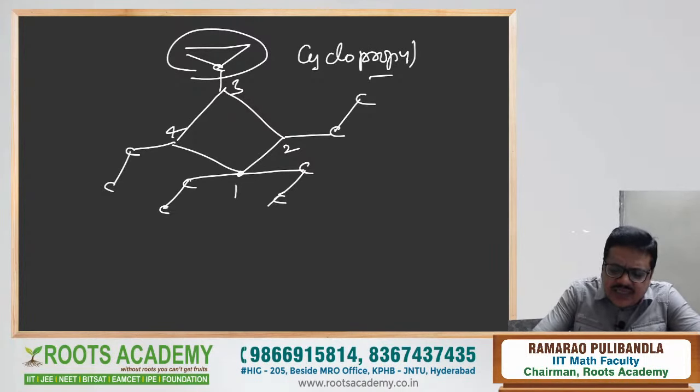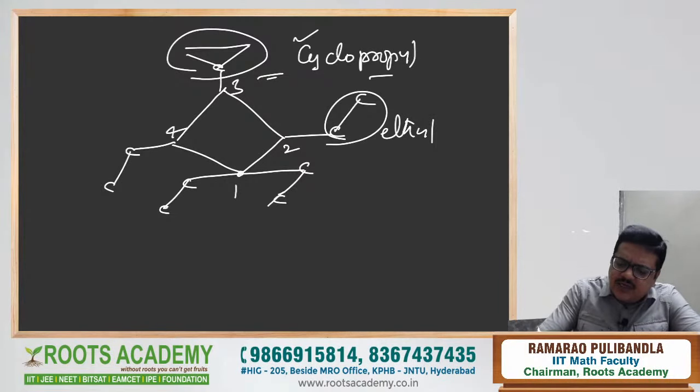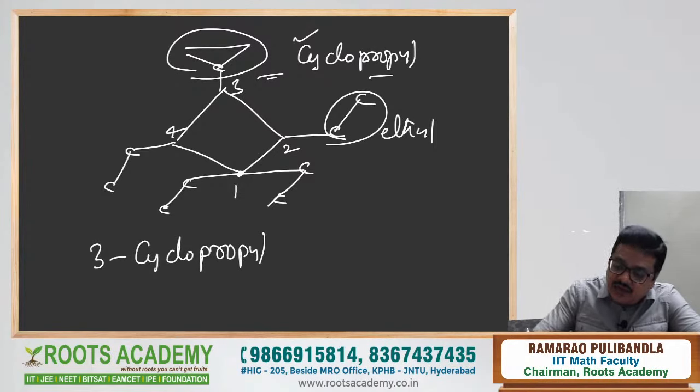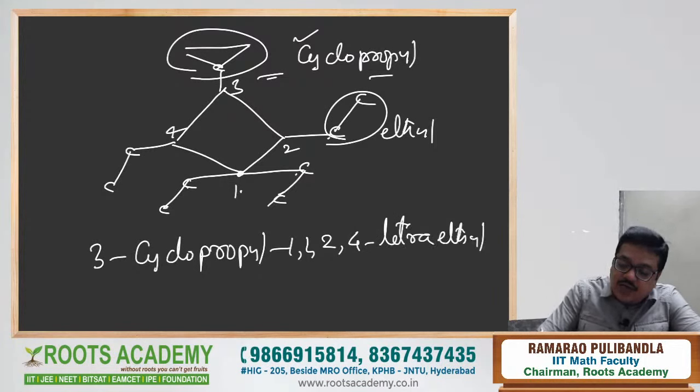Now cyclo C is considered in alphabetical order. This is ethyl. So what I am saying now, 3-cyclopropyl. This is ethyl. 1,1,2,4-tetraethyl. How many carbons now? 4 carbons. Cyclobutane.